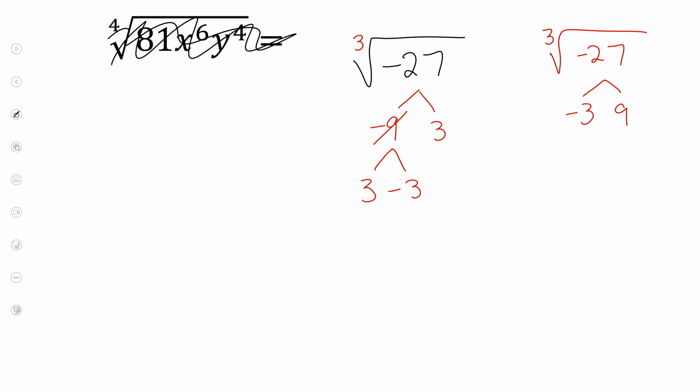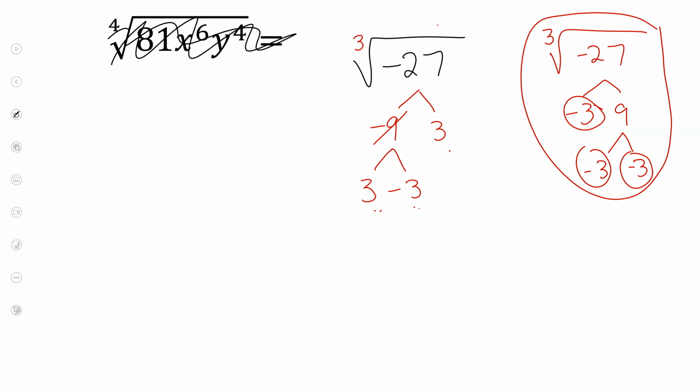So guys, do I have a group of 3 here? No. Let's finish this one. What two numbers will multiply to give you 9? Or what else? Negative 3 times negative 3 will also give you a positive 9. So you guys see the group of 3? So that means you'd want to do it this way instead of this way. Because if you rewrote this, you'd have 3 times negative 3 times 3.